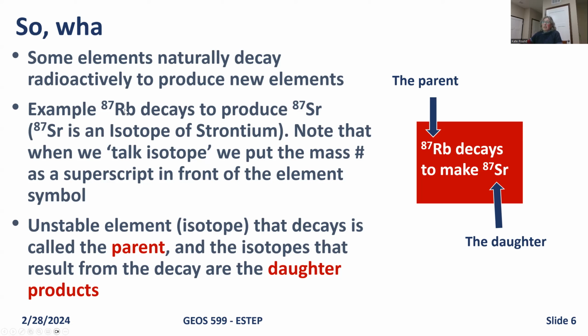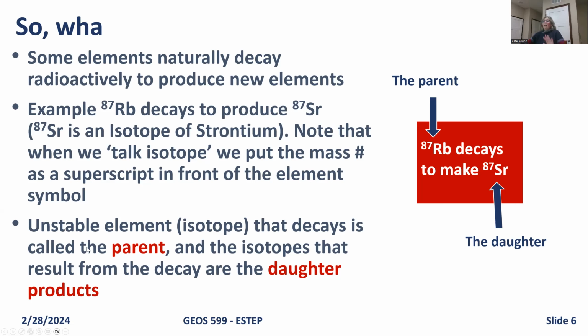That's how we say this. And that's denoting, okay, it's a particular isotope of rubidium that decays to produce a particular isotope of strontium. This is strontium 87. So rubidium decays radioactively to produce strontium.